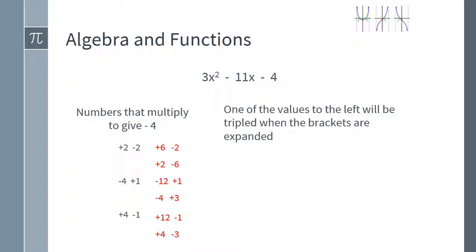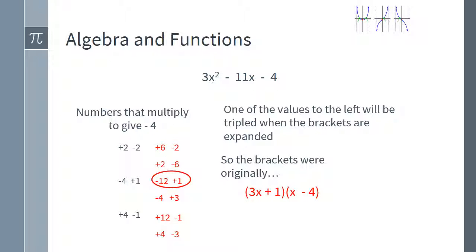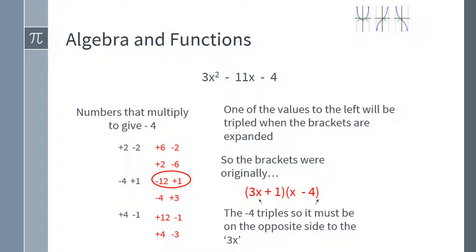And which ones of those makes minus 11? The minus 12 plus 1. So it's the minus 4 that we want to have tripled. So the minus 4 must be in the other bracket than the 3x. So it'll be 3x plus 1, x minus 4. The minus 4 triples, so it must be on the opposite side to the 3x.